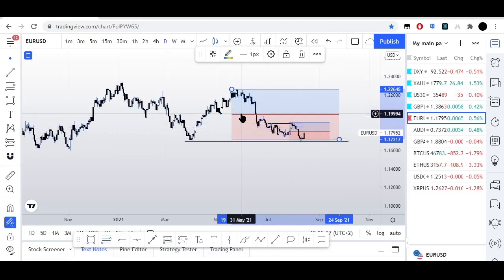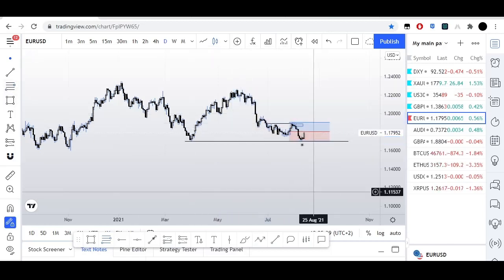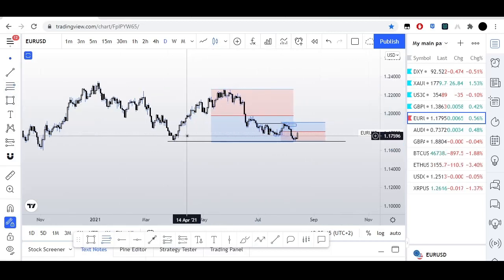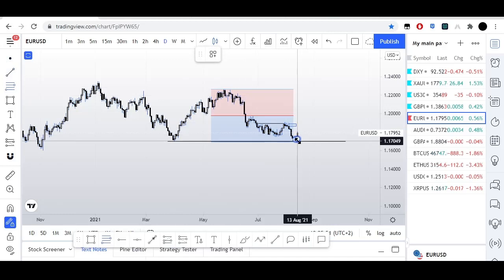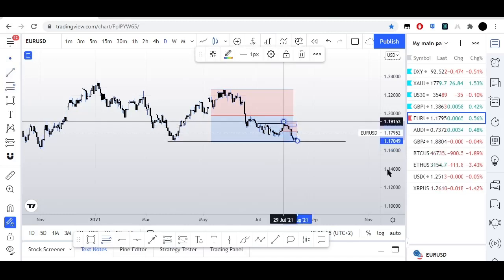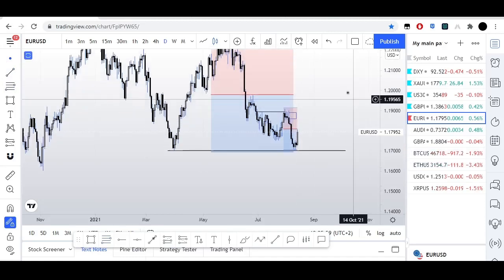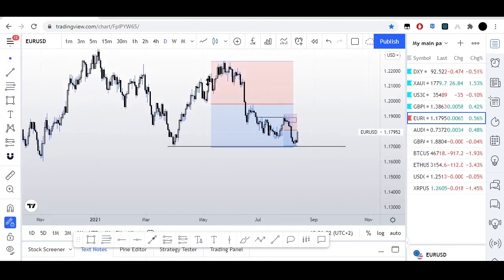Let me do this a little better. I have to draw it this way because I want to show the blue and the red. So you see how we're in an area of discount right here, and then we're in an area of discount inside of this swing right here.